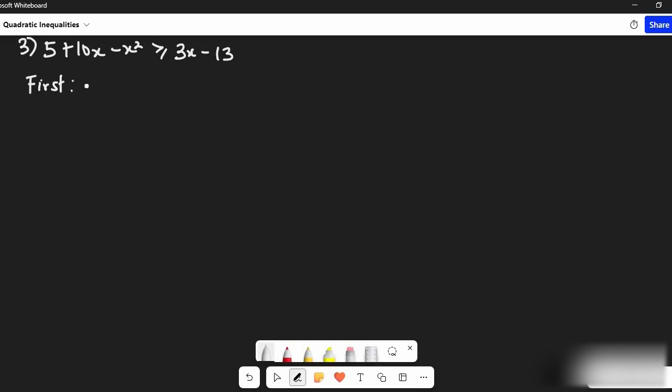Now, the first step is to write this in the standard notation. First step. So I'm going to say this is 5 plus 10x minus x squared minus 3x plus 13 is greater than or equal to 0.